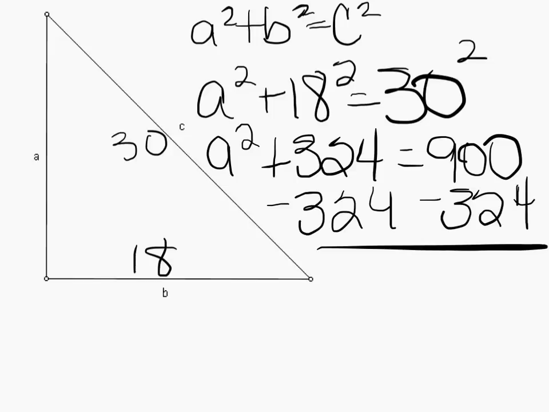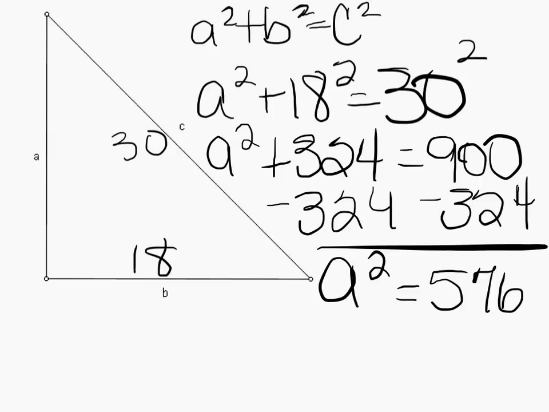So 324 minus 324 is going to be 0. So we're just going to be left with a squared on that side. And on the other side, we have 900 minus 324, which is going to give us 576. A number that we've seen before. So now, how do we get rid of the square? Or what's the inverse operation of squaring something?